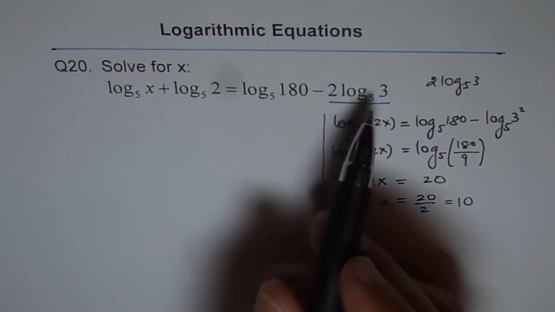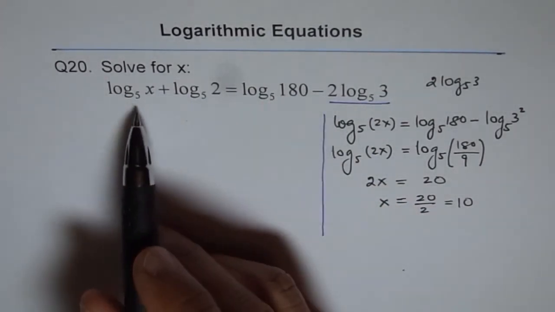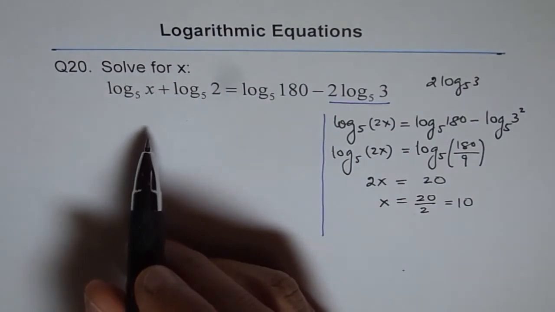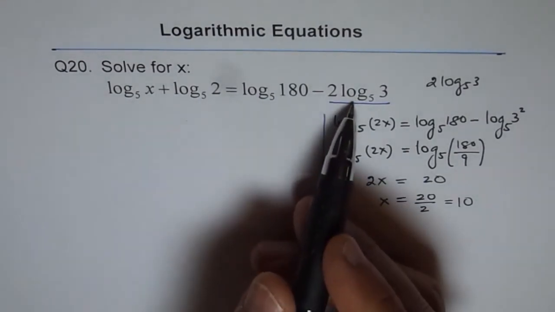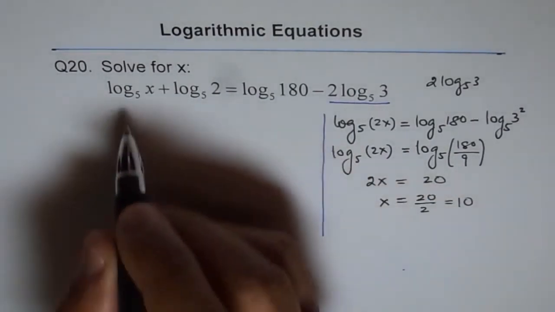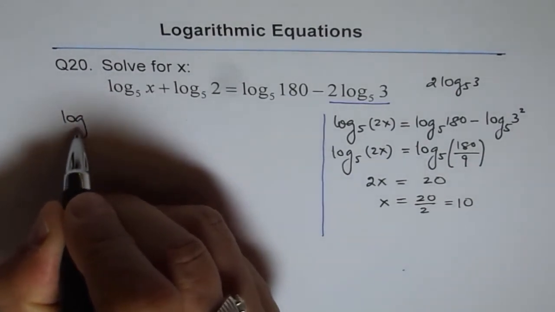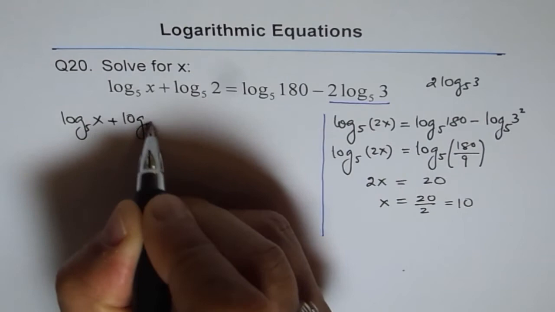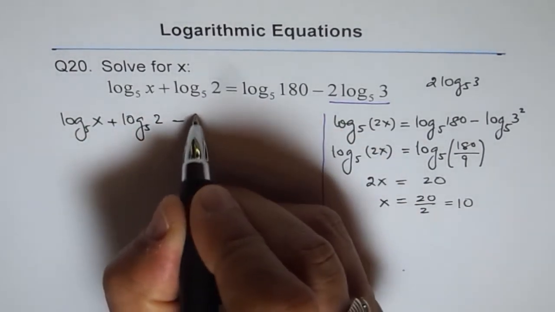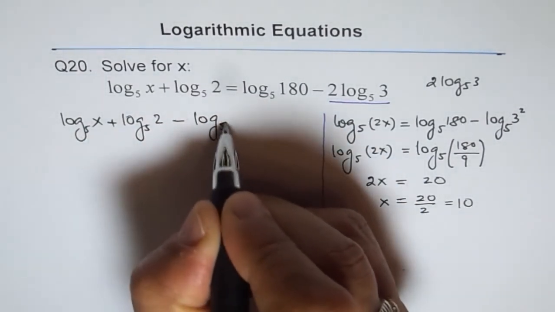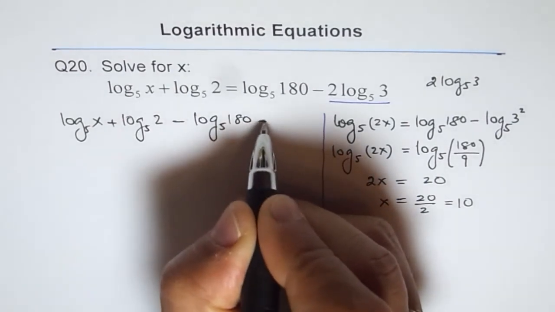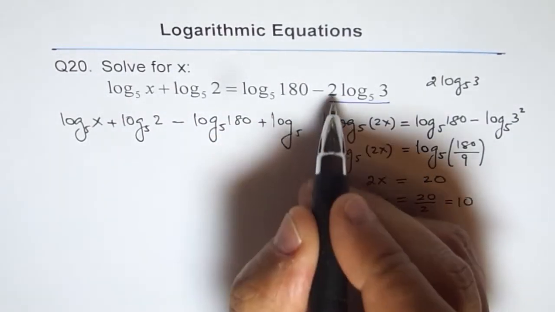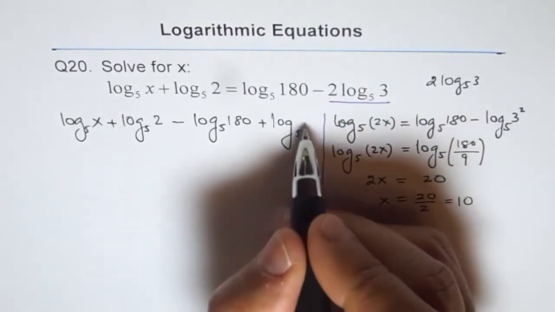The other way is we can bring all the terms to one side, right? And then we can solve applying the quotient and the product rule, and of course the power rule for this one. So let's do that part, and that is log 5 of x plus log 5 of 2 minus log 5 of 180 plus log 5 of 3 square, applying the power rule as well.